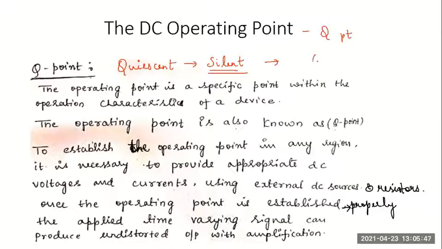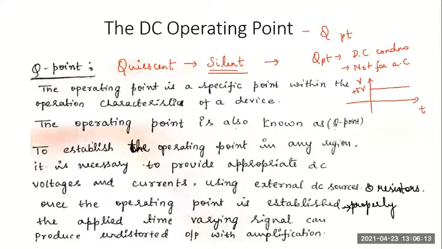We fix this Q point only for DC conditions and not for AC. So why is it silent then? How do we represent DC? How do I represent a DC voltage of plus 5 volts graphically? Straight line.